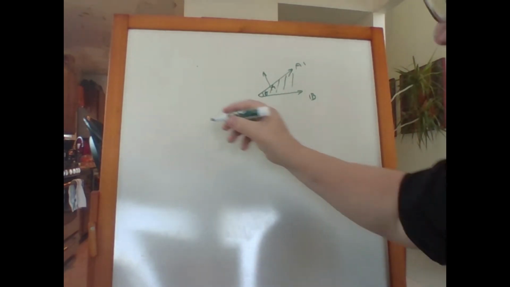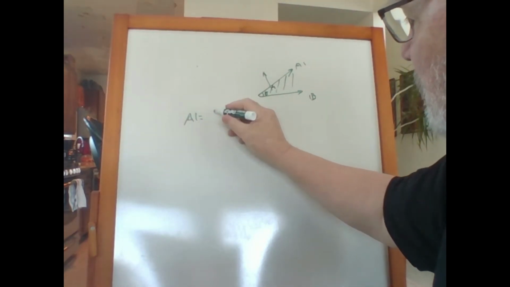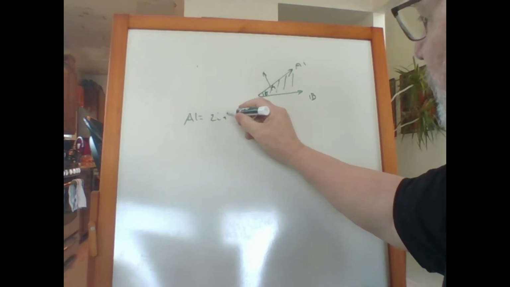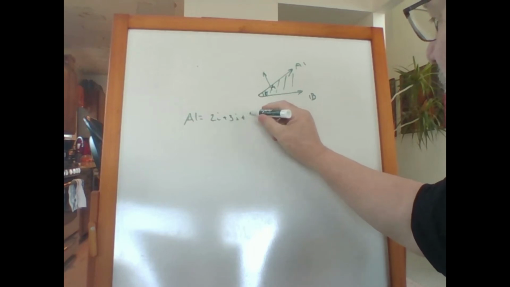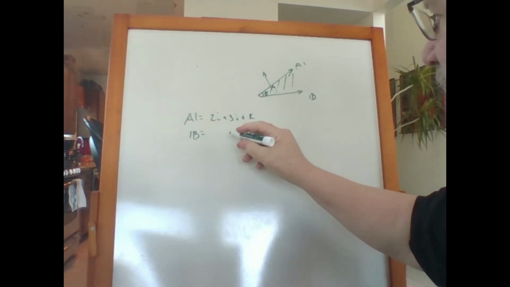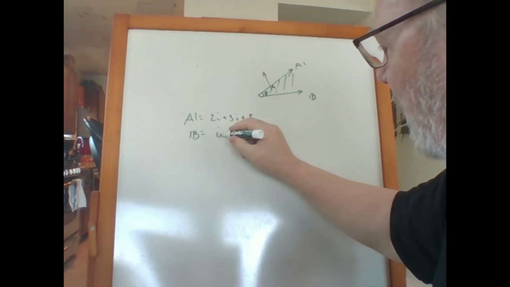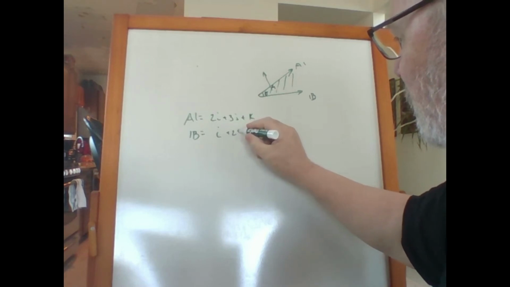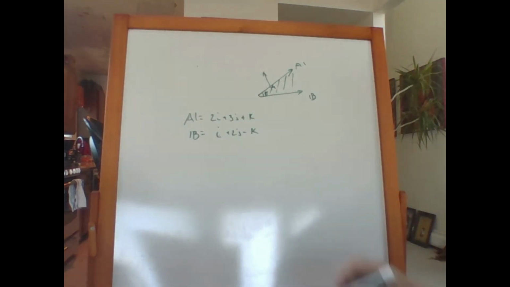So let's take a look at, let's say, A is equal to 2i plus 3j plus k, and B equals, I'm just pulling this out of the air, i plus 2j minus k.